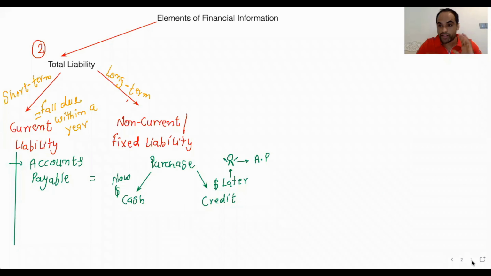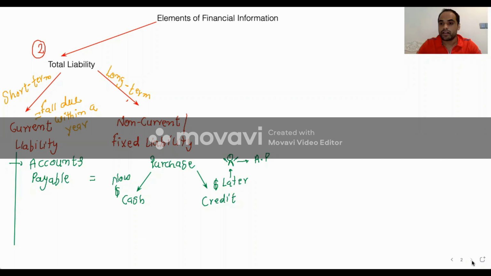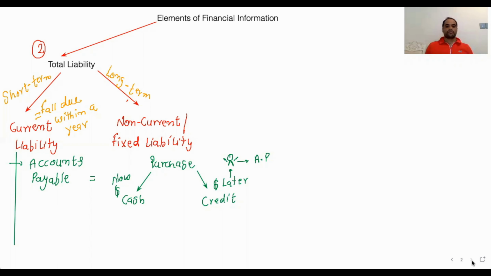So receivable, you receive: inflow of economic benefits, current asset. Accounts payable, you have to pay: outflow of economic benefits, current liability in a short period, so that's why it's current liability. All right. So understand accounts payable.